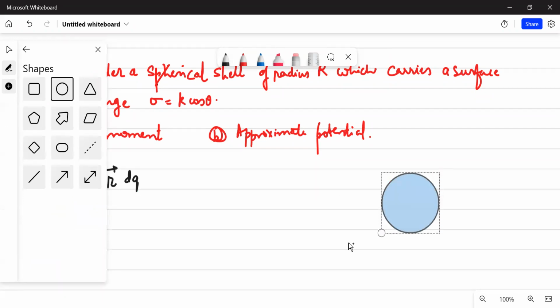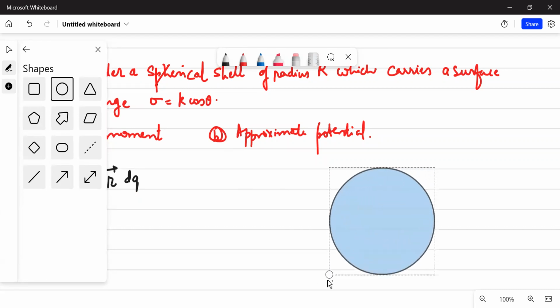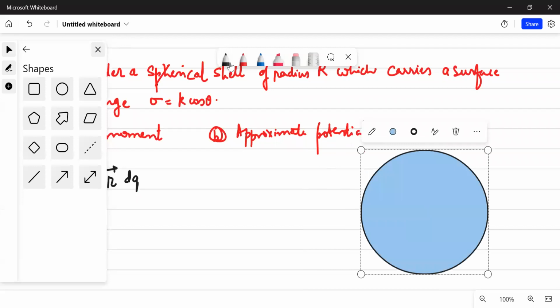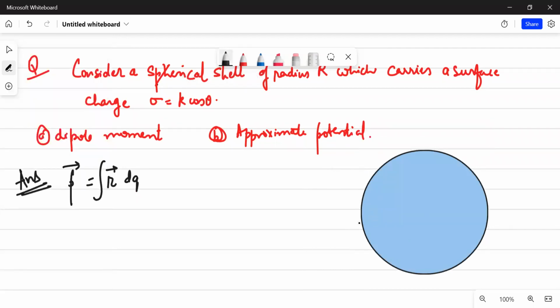So better visualize this. So this is my sphere. Where did it go? This is my sphere. Okay, this is my sphere. And it is said that this particular sphere carries a charge density which is equivalent to k cos theta. So k cos theta means what? In spherical polar coordinates, we know that theta is this.